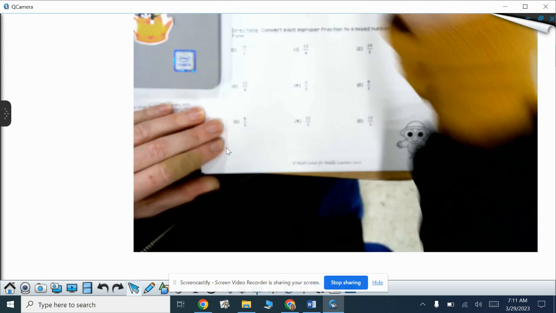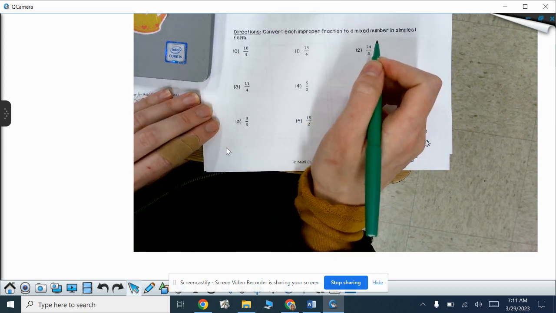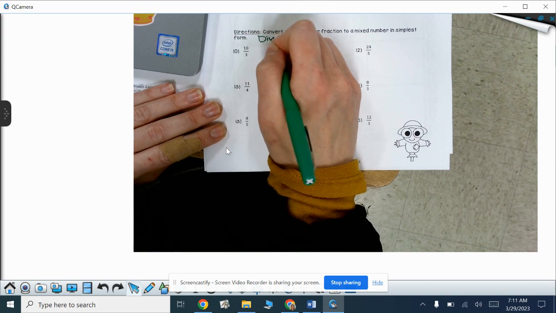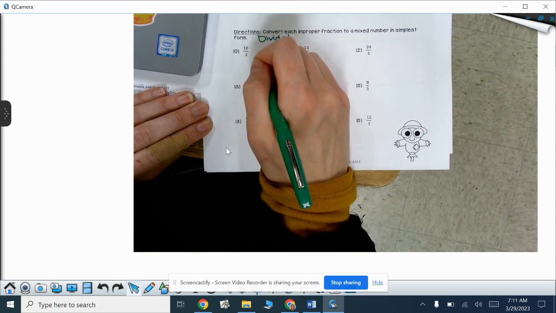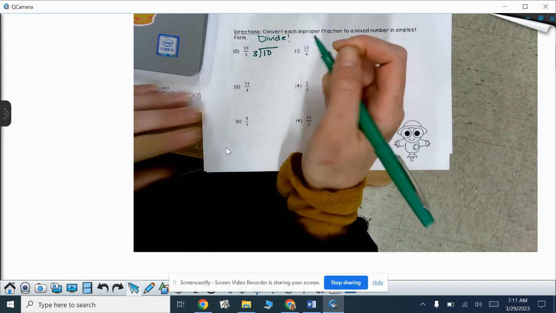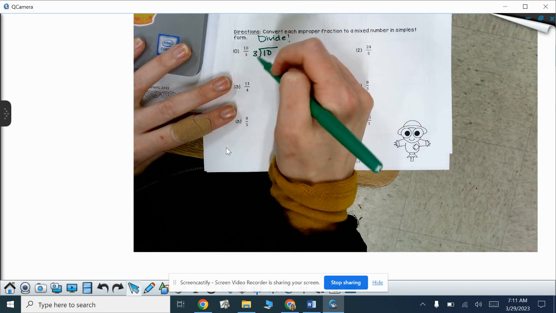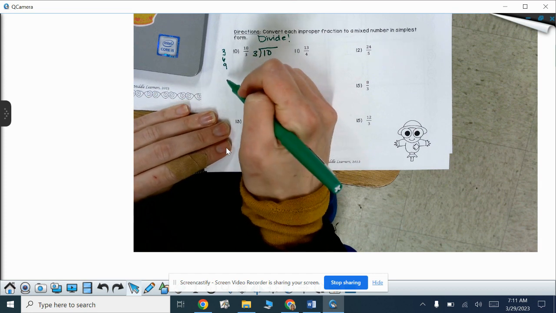All right. To convert an improper fraction to a mixed number, we are dividing. Okay, so the first thing you need to do is you put your numerator inside the house. How many times can we subtract 3 from 10? 3, 6, 9, and 12.